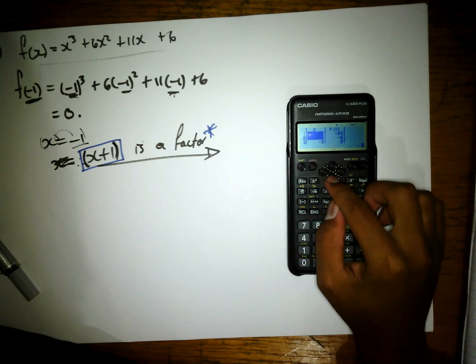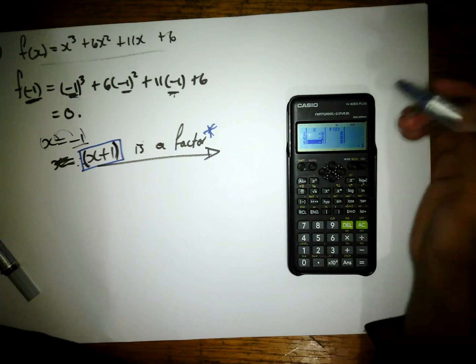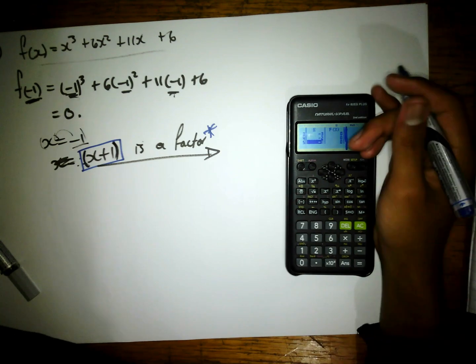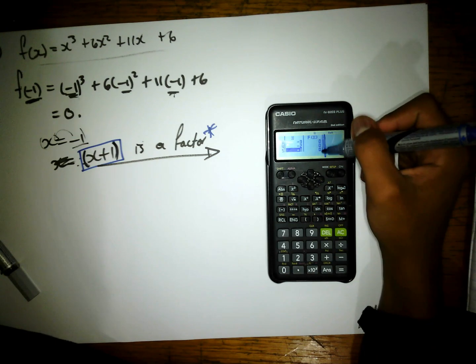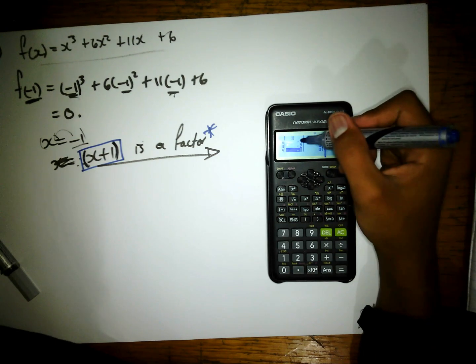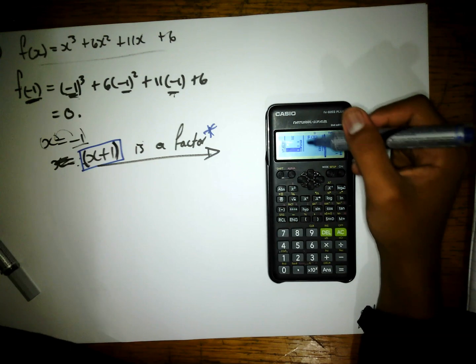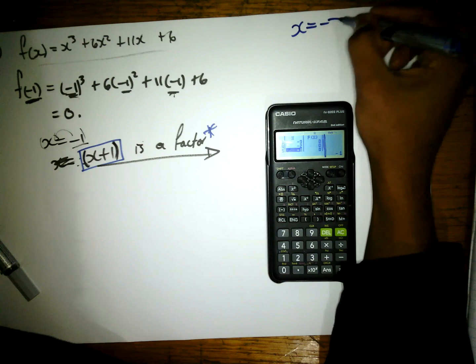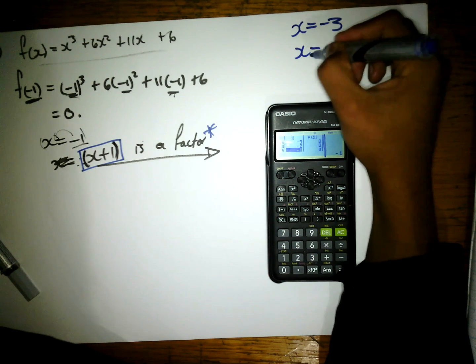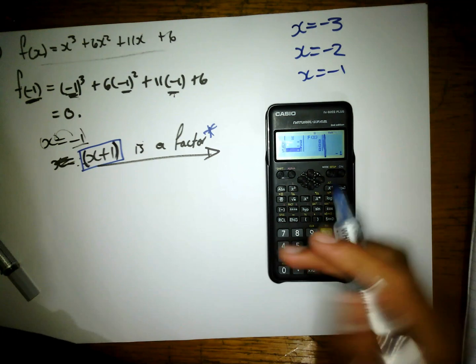As we can see again, wherever f of x is 0, whatever the corresponding x value is opposite, that number will become a factor. So x equals -3, x equals -2, x equals -1. I want you to remember this.